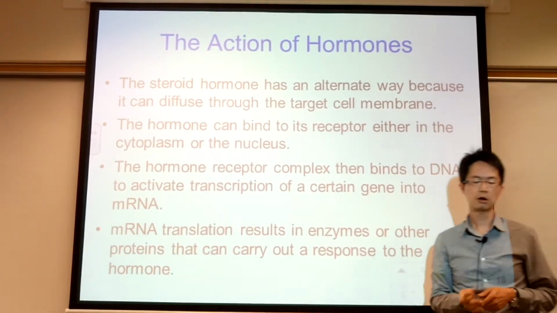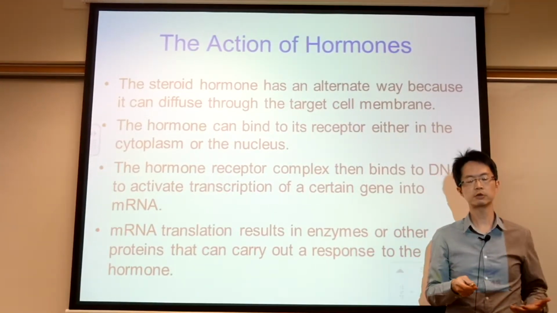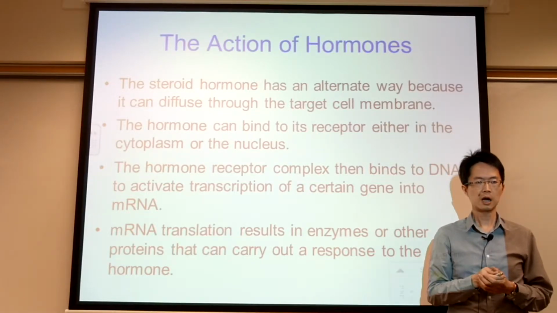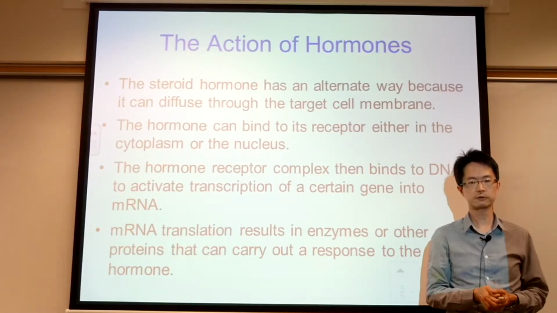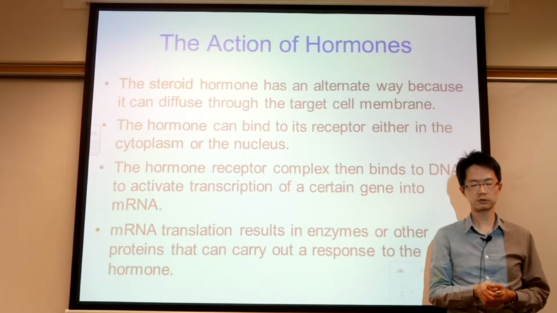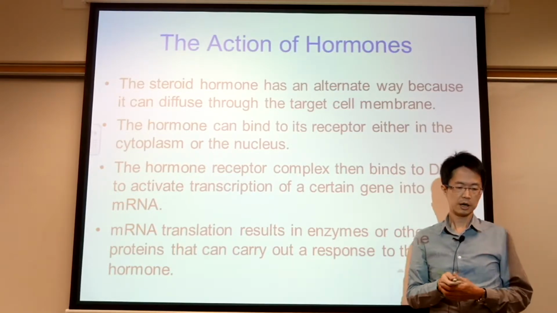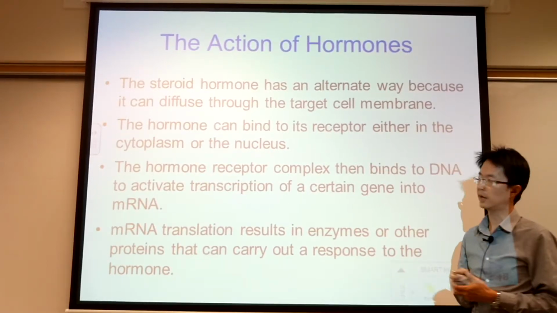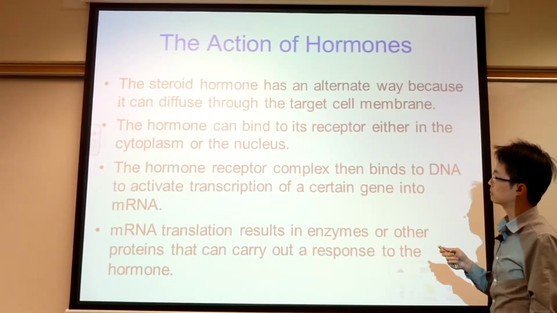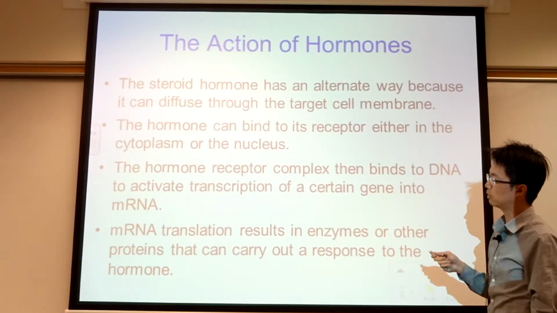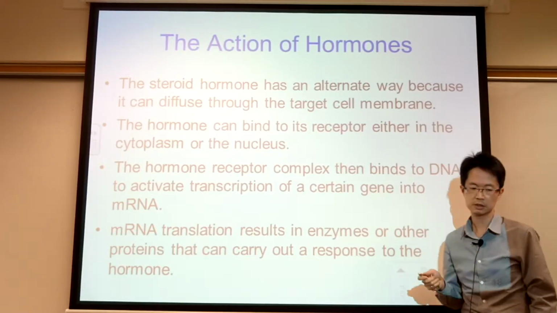What about steroid hormones? Steroid hormones, as we mentioned before, are hydrophobic, so they can pass through the phospholipid bilayer, the cell membrane, and bind to the receptor inside the cell. The receptor can be in the cytoplasm or inside the nucleus.